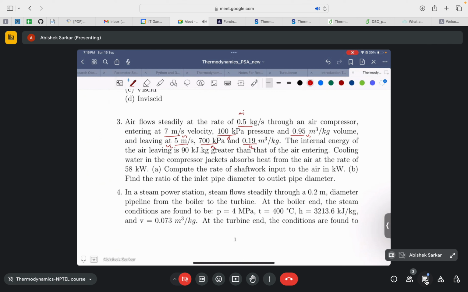The internal energy of the air leaving is 90 kilojoule per kg greater than that of air entering. So u2 minus u1 is equal to 90, right?